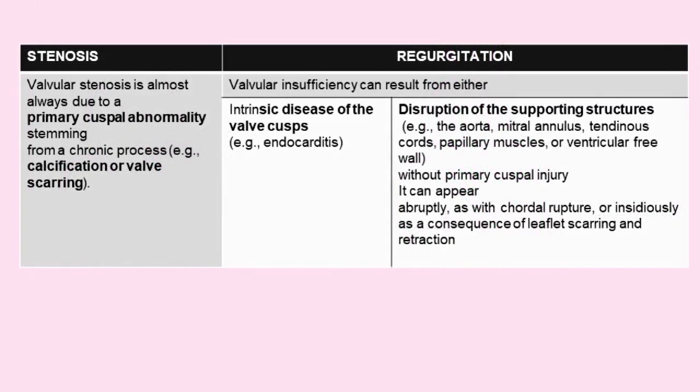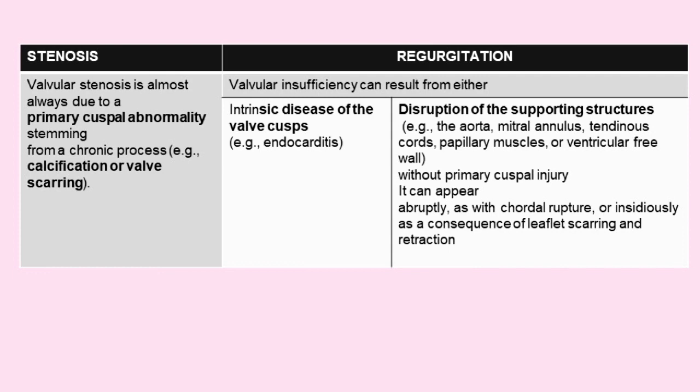Valvular stenosis is almost always due to a primary cuspal abnormality stemming from a chronic process, for example calcification or valve scarring. Meanwhile, for regurgitation, valvular insufficiency can result from either intrinsic disease of the valve cusps, for example endocarditis, or the disruption of the supporting structures.